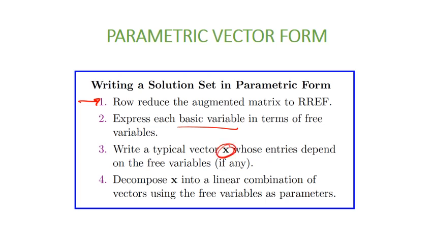Then you'll write your vector x and then decompose it into a set of linear combination vectors. Okay, and any of the free variables, those will become the parameters. That concludes the section.